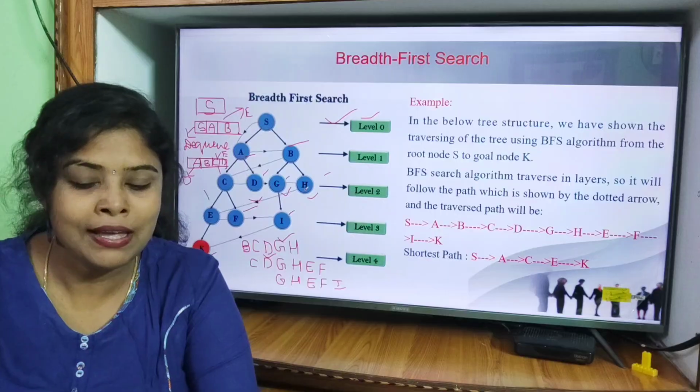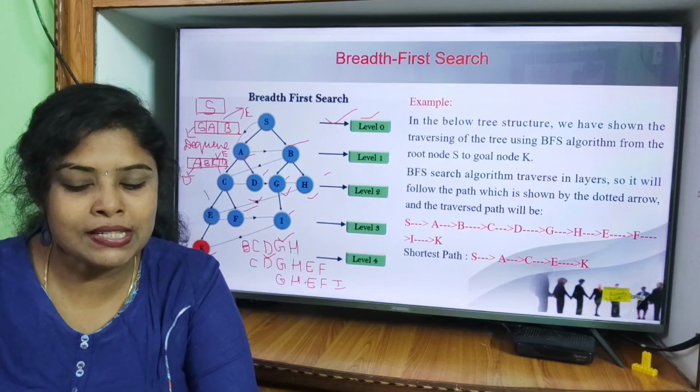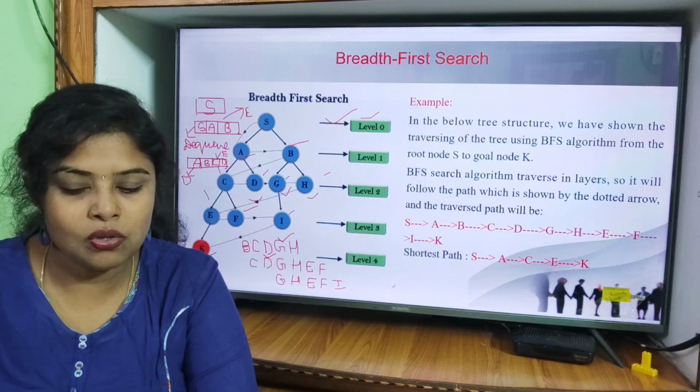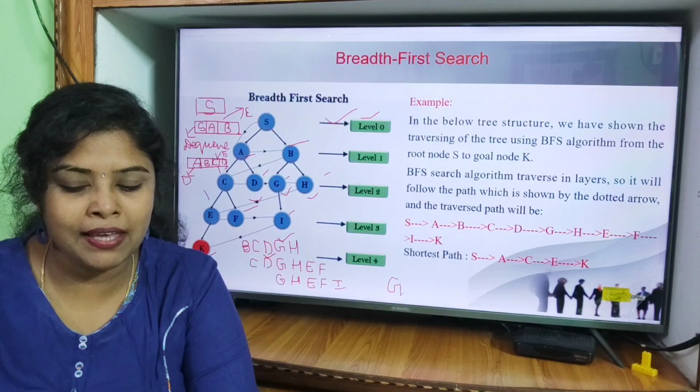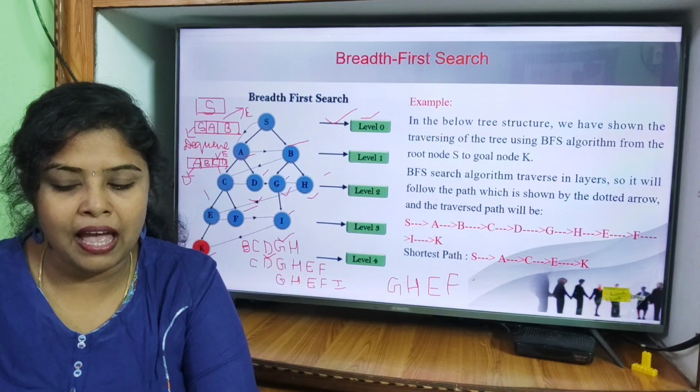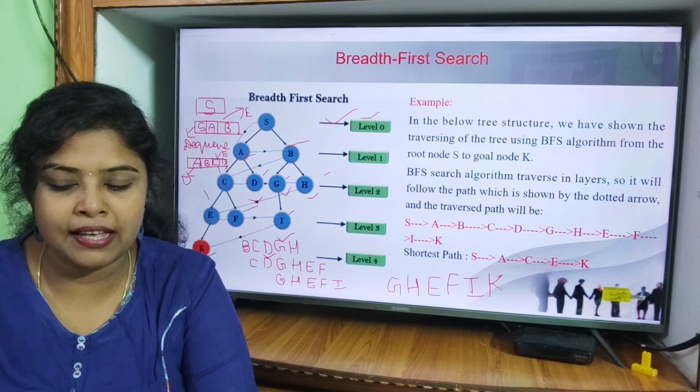I need to go to the next element in the queue, which is E. Now E has one successor, which is K. So I need to include that in my queue. So I will write G, H, E, F, I and K. But I have already dequeued G and H, so I need not mention these two here.